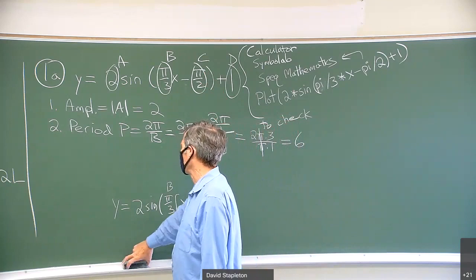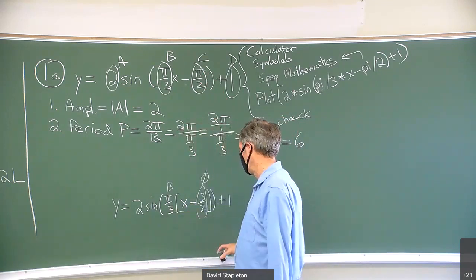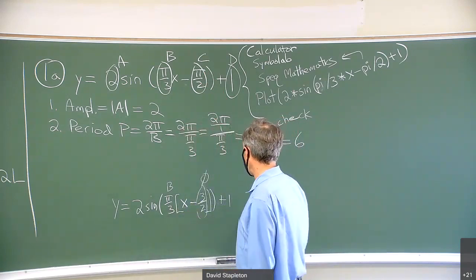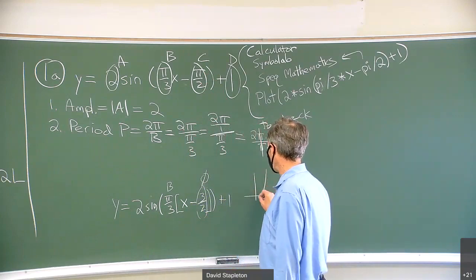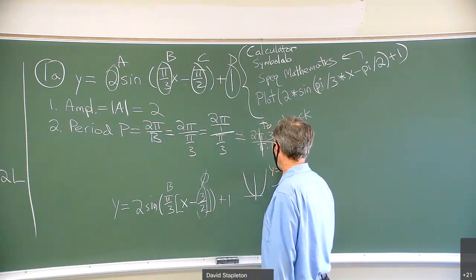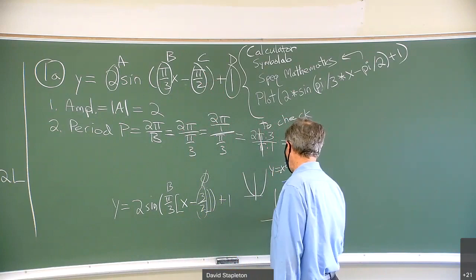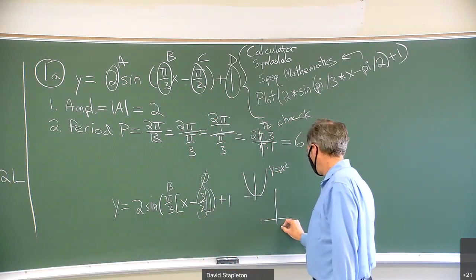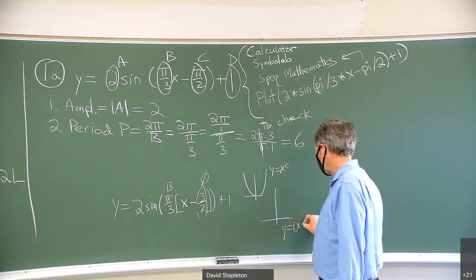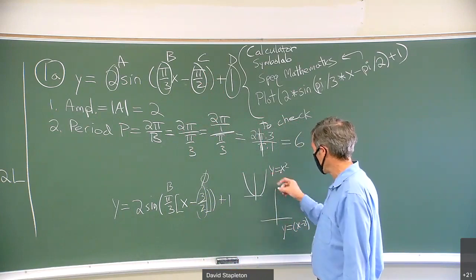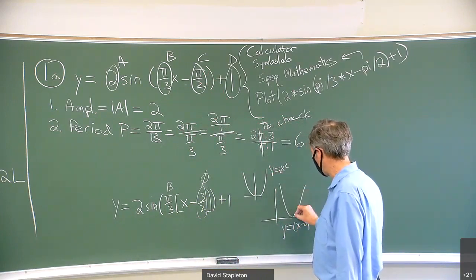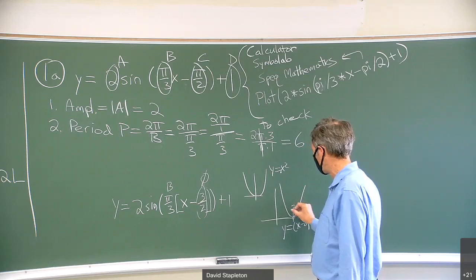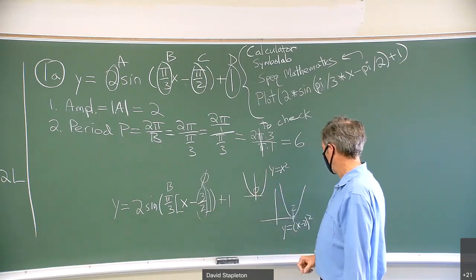Well, the reason they do it this way is what we were commenting about graphs. If you have y equals x squared, and you want to know what if I replace x by x minus a number? What does y equals x minus 2 squared look like? It's exactly the same shape moved over 2 units, so it now has a vertex at 2 instead of at 0. But it's the same shape.